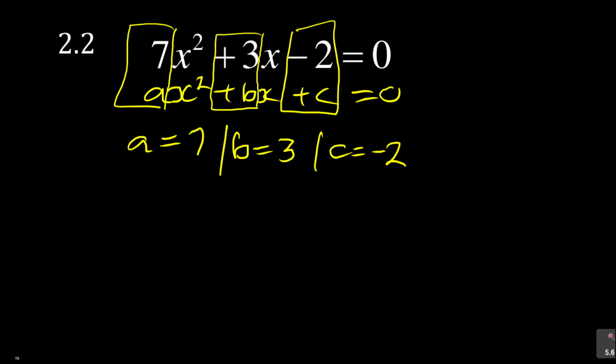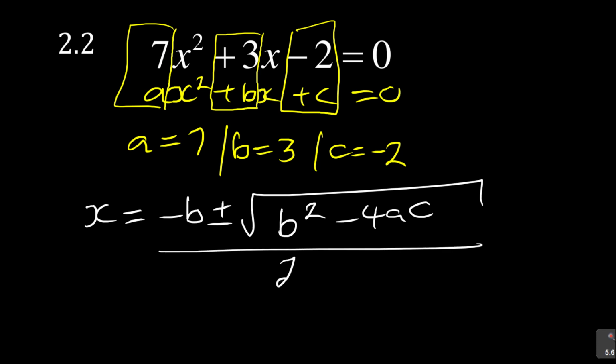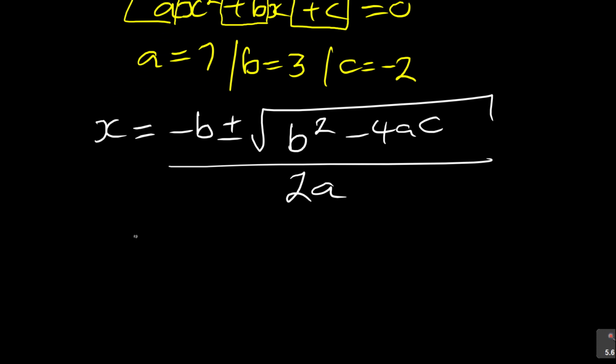Let's write the formula. X is equal to minus b plus or minus square root of b squared minus 4ac all over 2a. Formula is important. Writing it correctly is very important.